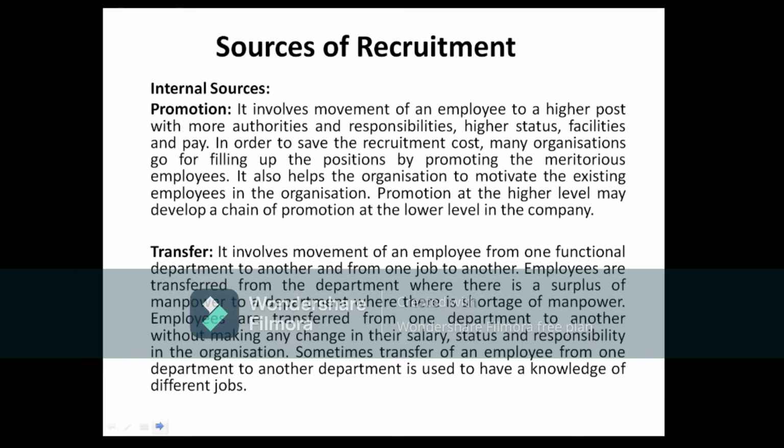Now, stimulation is done with the help of the message the organization puts in its advertisement. That message helps the organization stimulate the candidate to apply for a job. Suppose there is a message that salary is not a constraint for deserving candidates.